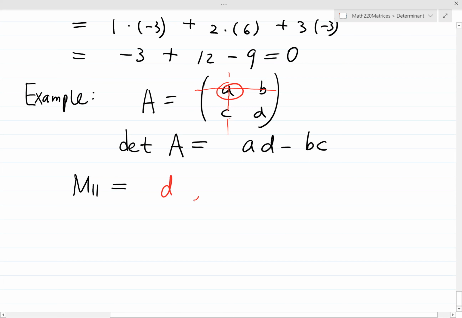Now C11 is -1 to the power row number plus column number, 1 plus 1 is 2, times M11. So again D. So what is M12? Let's use another color, let's use green.